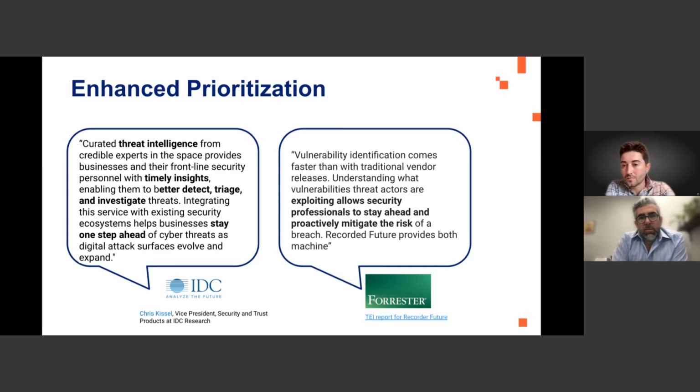Each one of these is very helpful and critical for prioritization. And maybe you want to try it yourself. Maybe you want your red team to try it. So it's very important to know these tools and also to be able to use them if they are available to you. On the left side, you can see some insight from IDC about threat intelligence, which talks about who is targeting organizations like yours. What are they looking for?